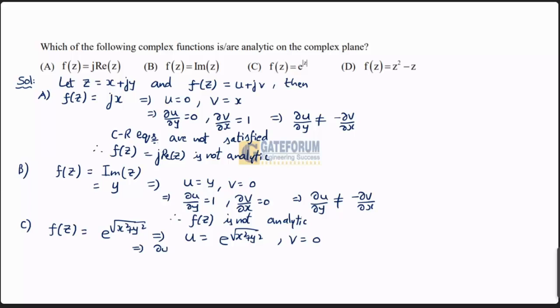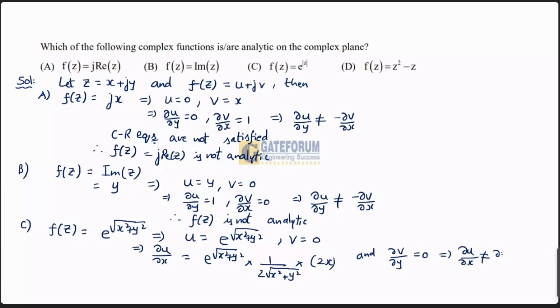From this, dou u by dou x: e power root over x square plus y square derivative is e power root over x square plus y square, and with respect to x, root derivative is 1 by 2 root x square plus y square into partial derivative 2x. So this is dou u by dou x, and dou v by dou y is equal to 0. This implies dou u by dou x is not equal to dou v by dou y. That is, the CR equation is not satisfied.